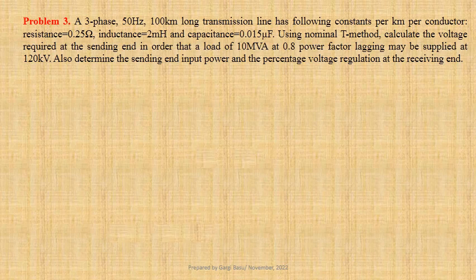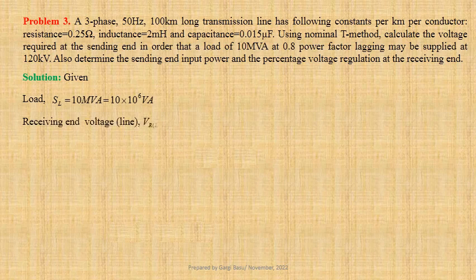Let us now write down the given data. Load SL equals to 10 megavolt ampere, that is equal to 10 into 10 to the power 6 volt ampere. Line to line receiving end voltage, VR line equals to 120 kilovolts, that is equal to 120 into 10 to the power 3 volts.